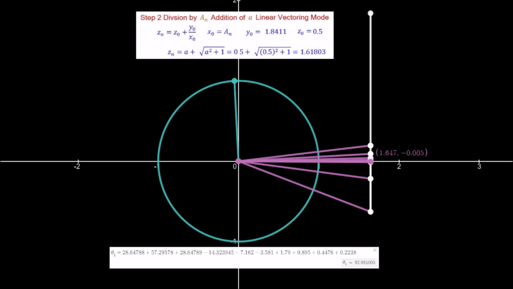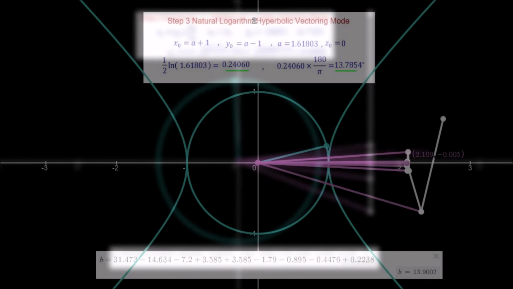We in fact get a value of 1.6211. Again, I'll note these on the separate page at the end of the video, and you'll see these comparisons. And these are the angles that we used in order to generate the final value for our Zn.